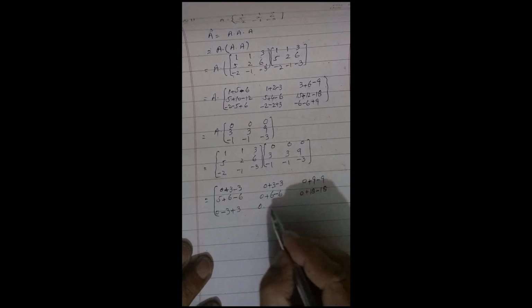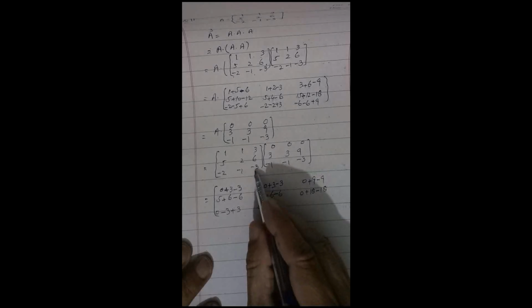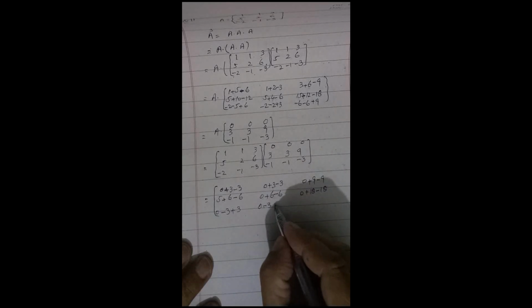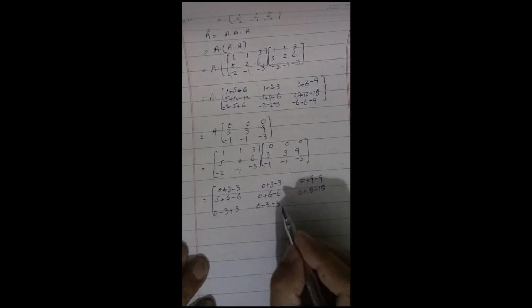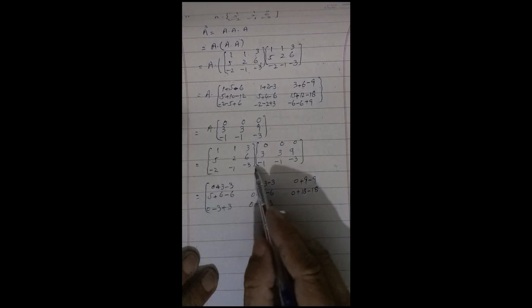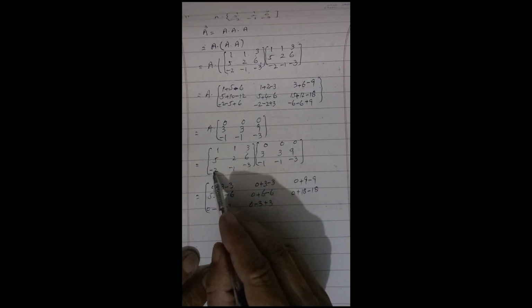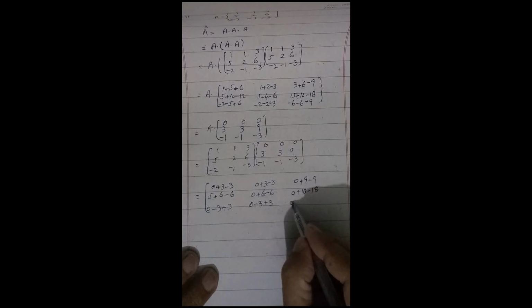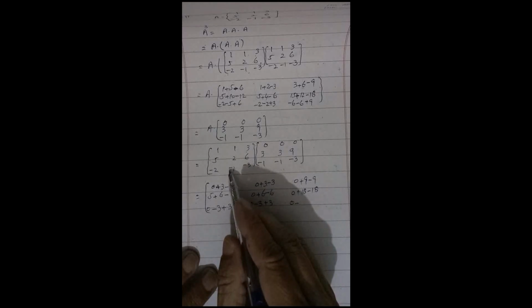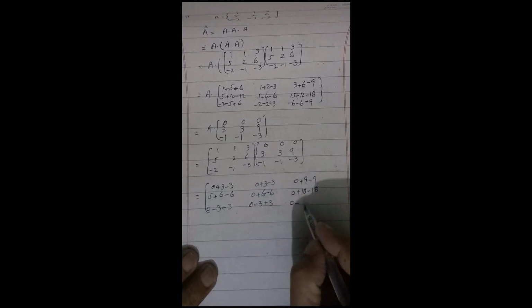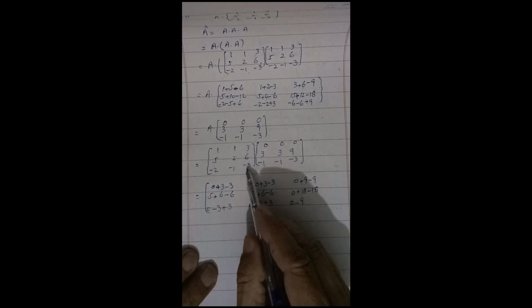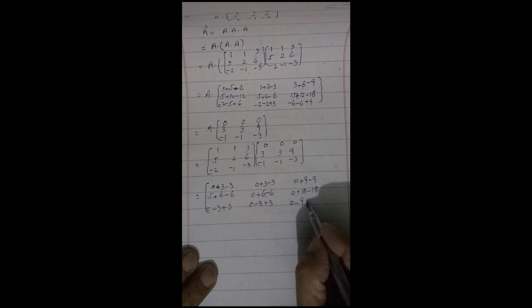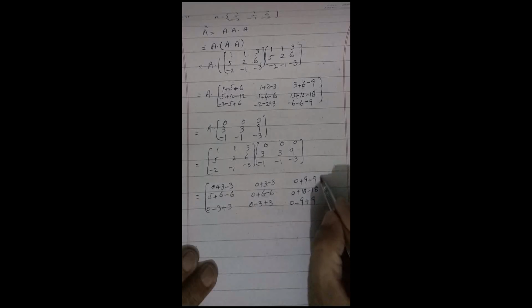Minus 1 multiplied by 3 is equal to minus 3. Minus 3 multiplied by minus 1 is equal to plus 3. Now, with the third row, with the third column, minus 2 multiplied by 0 is equal to 0. Minus 1 multiplied by 9 is equal to minus 9. Minus 3 multiplied by minus 3 is equal to plus 9.